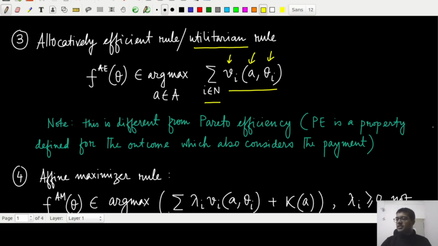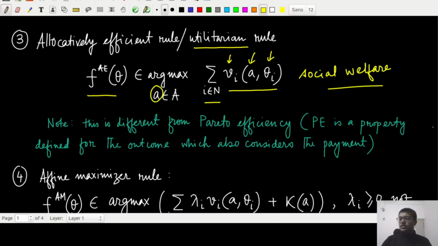Also sometimes this is known as the social welfare. At some point we will also use this terminology, the social welfare of all the players in this setting. And what this allocatively efficient rule is doing is picking that alternative that maximizes the social welfare. So that is one way of interpreting the allocatively efficient rule.